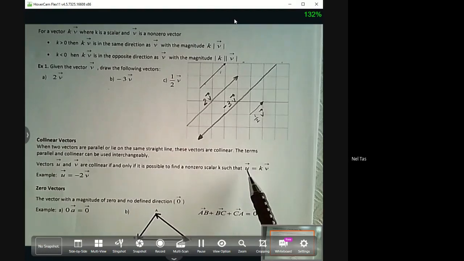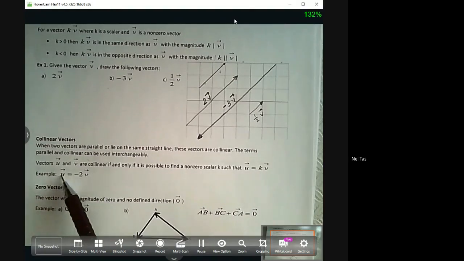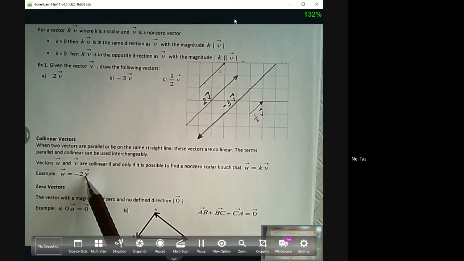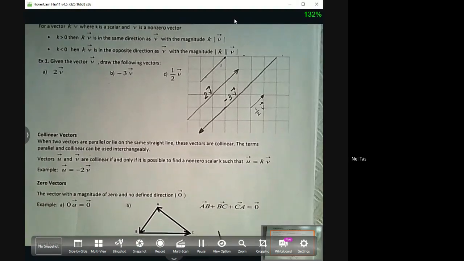So this means you can write one vector in terms of the other vector. Let's say you can write vector u in terms of v by multiplying it by a scalar negative 2. This means that u and v are collinear. In this case, they have opposite directions because this is negative, but to be collinear or parallel, they don't have to have the same direction. They may also have opposite directions.